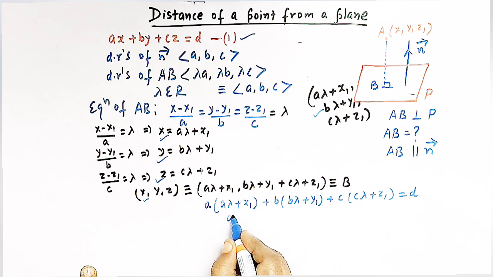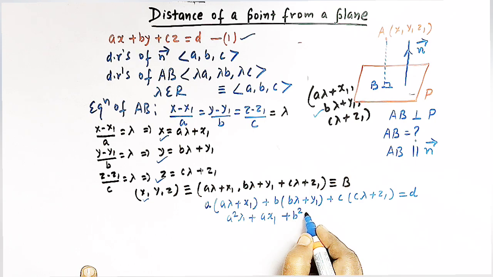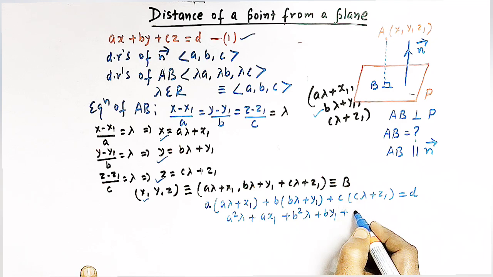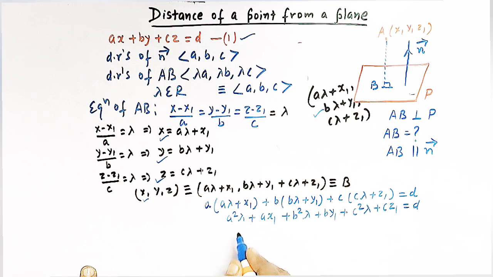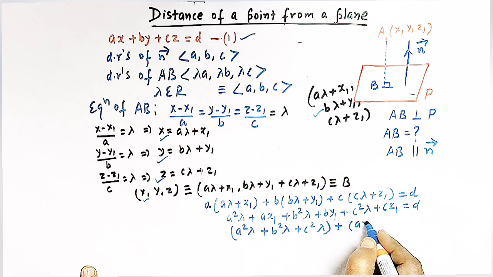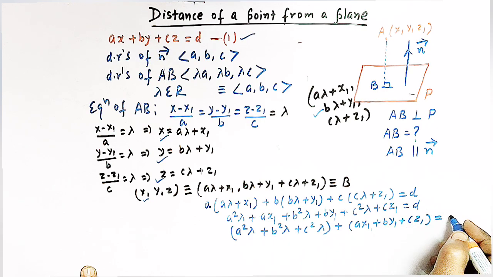So we have a square lambda, then we have ax1, then we have b square lambda, then by1, then we have c square lambda plus cz1 is equal to d. So let us collect the terms here. So we have a square lambda plus b square lambda plus c square lambda, and then we have these terms, that is ax1 plus by1 plus cz1 is equal to d.